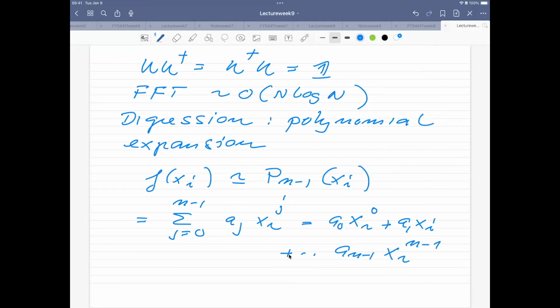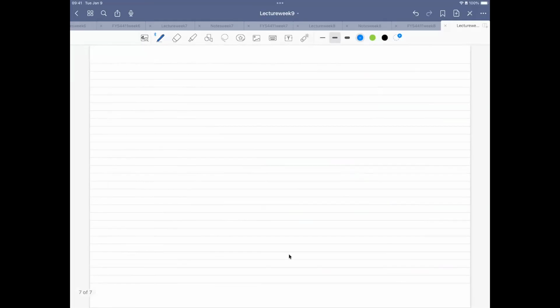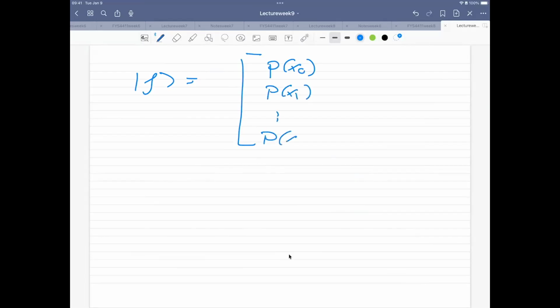That means I can define a vector f, which contains these polynomial values: p of x0, the polynomial I've chosen, p of x1, all the way down to p of x_{n-1}.